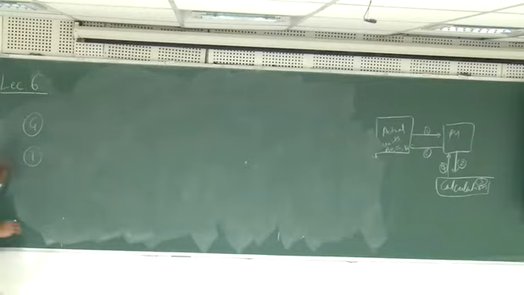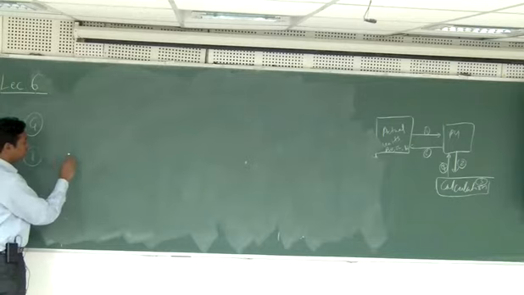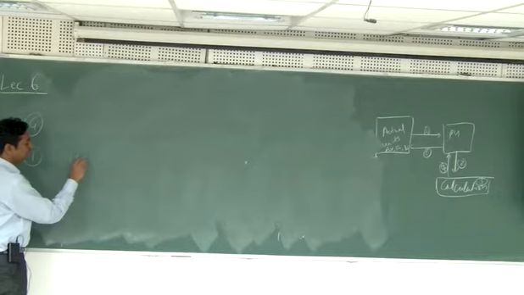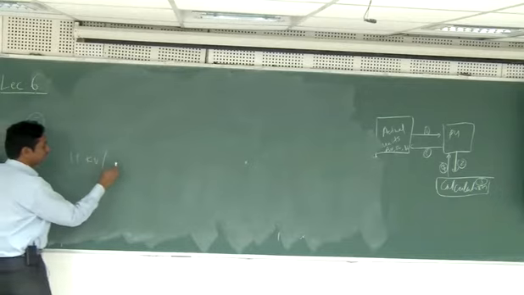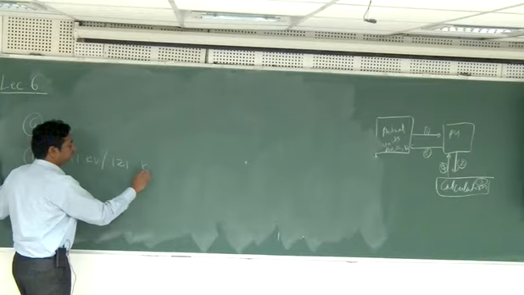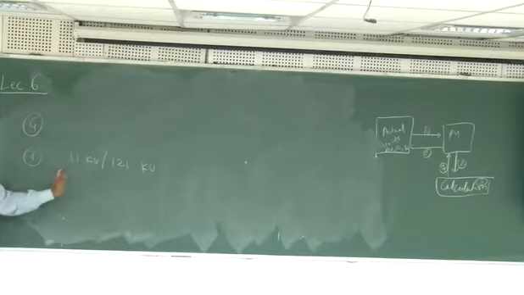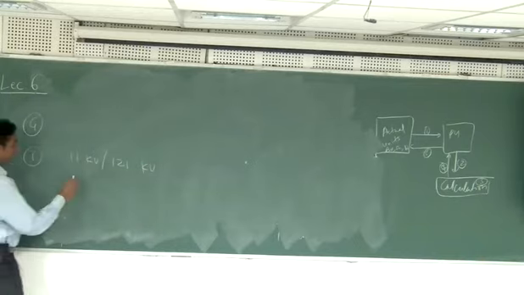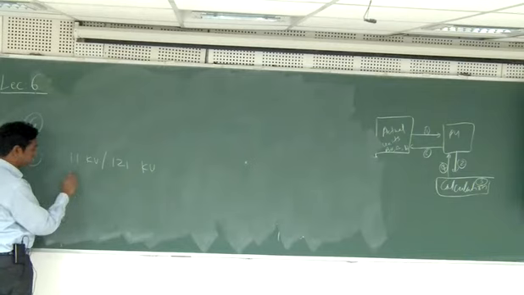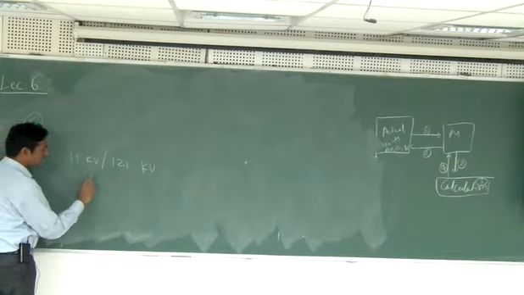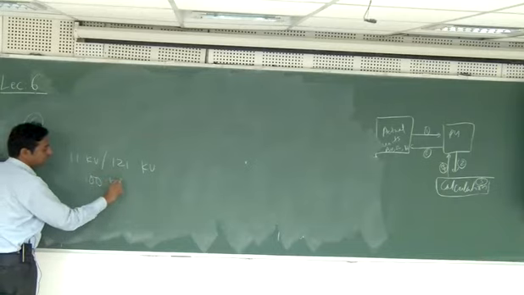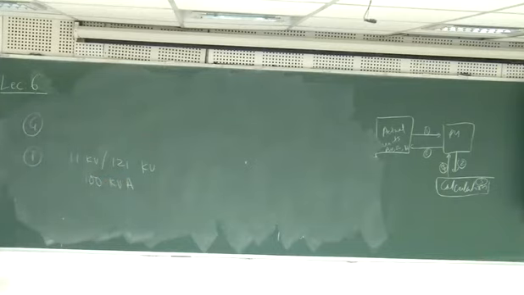So for example, I'll take an example of a transformer. A transformer's actual rating is, let's say, 11 kV by, let's say, 121 kV. This is the actual voltage rating. And the capacity, let's say, is 100 kVA. So this is the transformer.